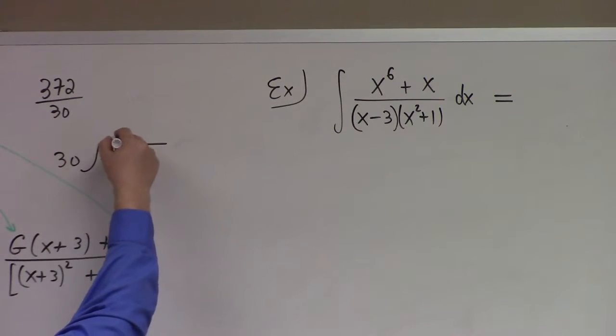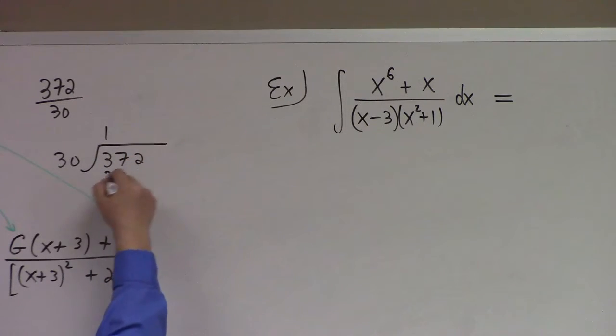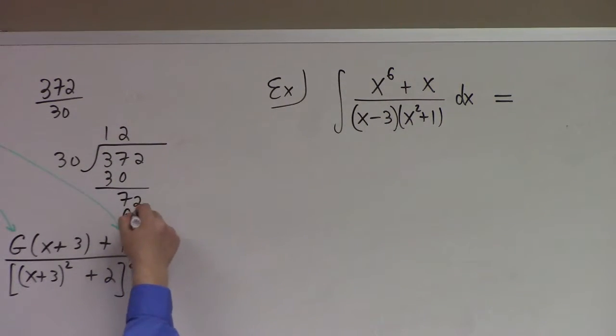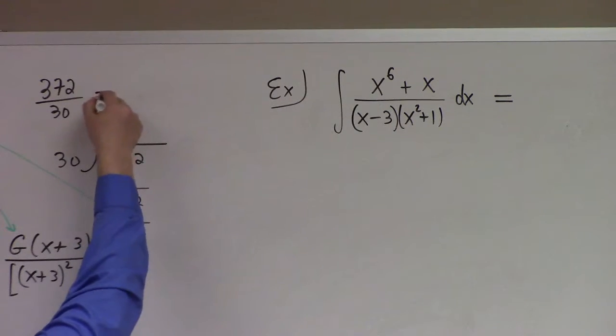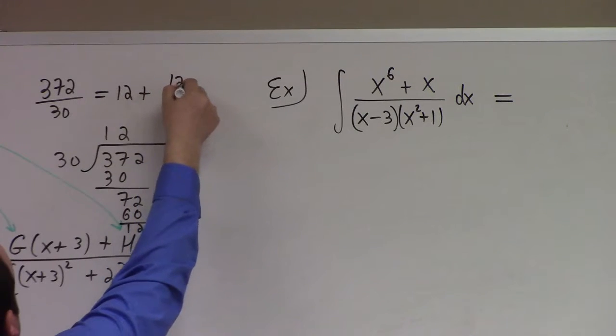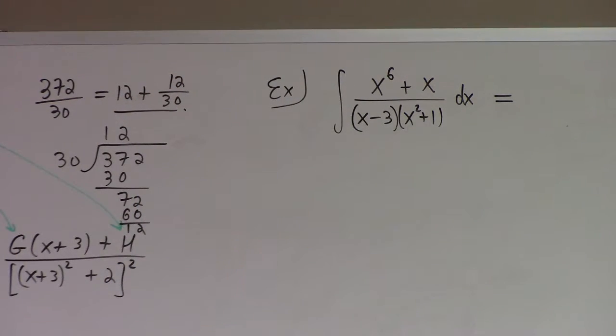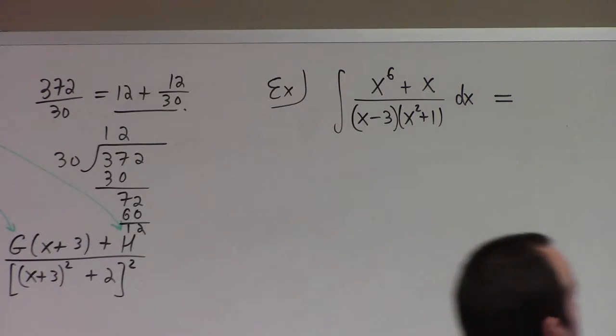I got one of those. That leaves me 72. I got 2 of those. That gives me 60. I got 12 of those. I'm done. So this is equal to 12 plus 12 over 30, right? This is long division. The same thing goes for polynomials. In particular, I can do long division.